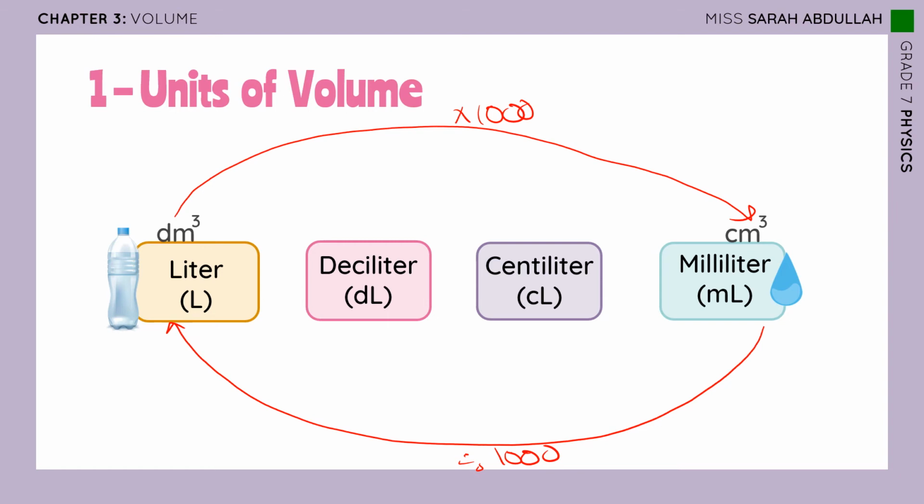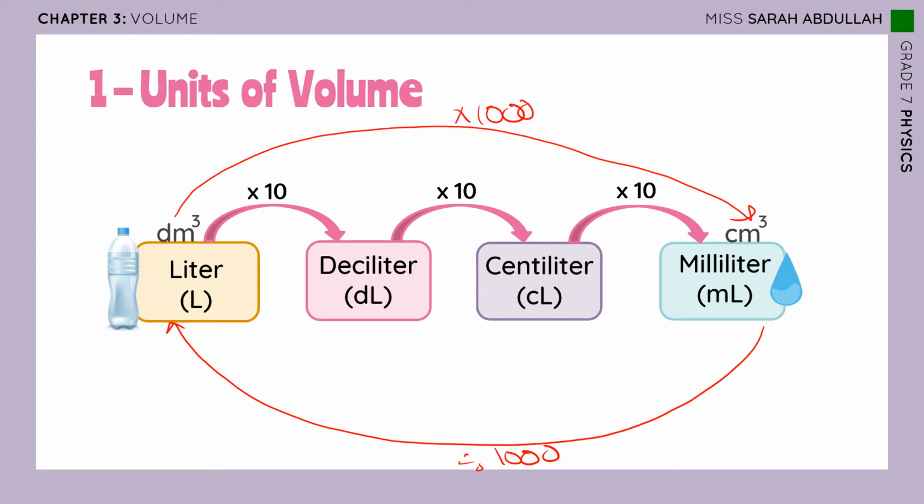Now, let's see what I should multiply by when I want to jump from liter to deciliter. From liter to deciliter, I multiply by 10. From deciliter to centiliter, I multiply by 10. And from centiliter to milliliter, I multiply by 10. Now the other way, we divide by 10.